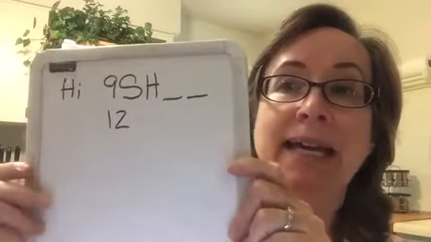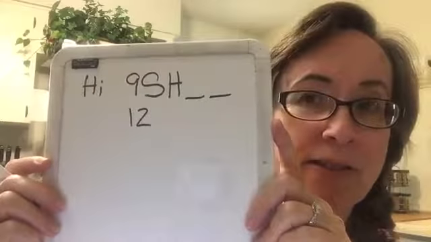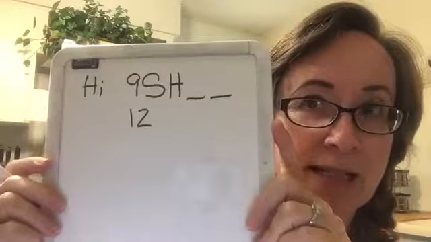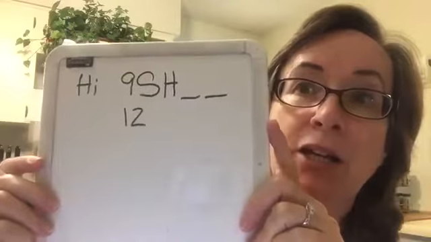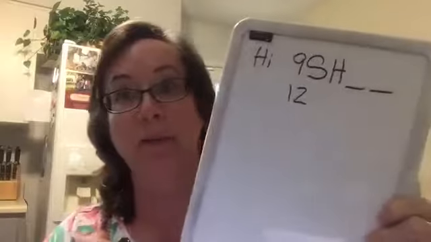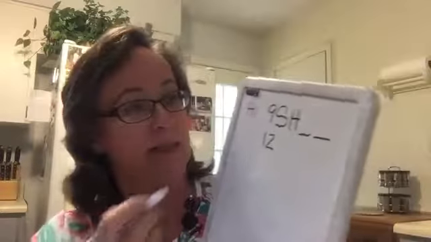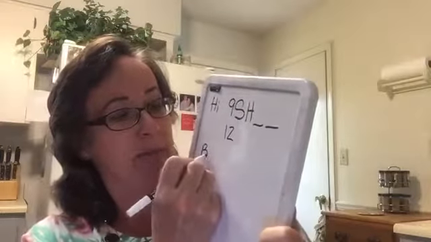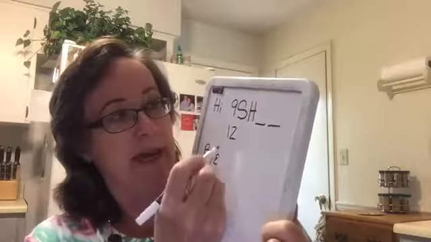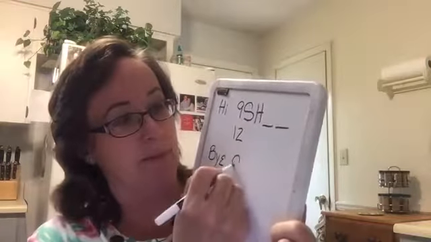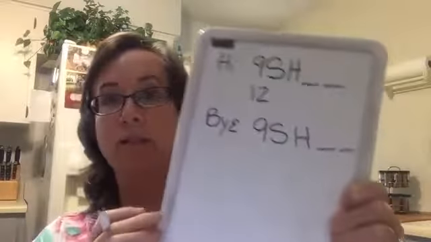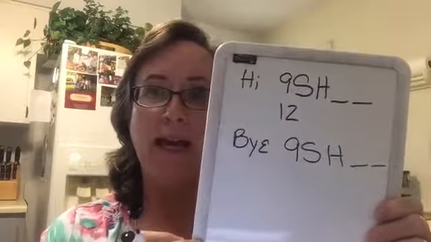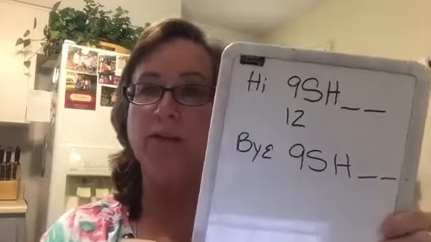And then at the end of the video, after you've done the video, you can rewind as many times as you want. You can make another little comment, and you're going to say bye, and you're going to put the same number that you had before, whatever those last two digits are. That way, I have in there when you said hi and when you said bye.